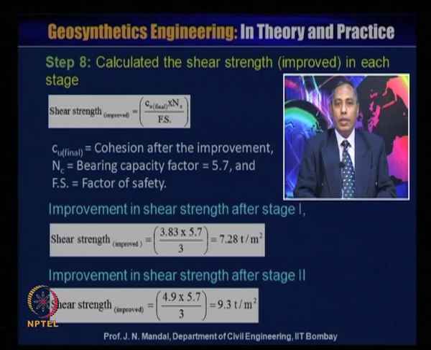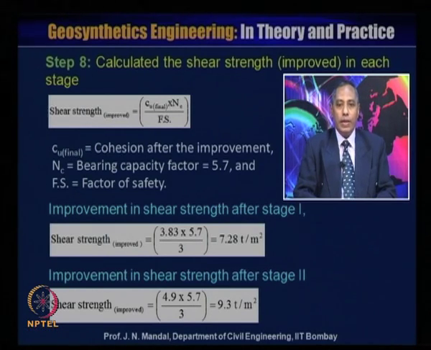Calculate the shear strength improvement in each stage. Shear strength improve is equal to Cu final into Nc by Fs. Here Cu final is the cohesion after the improvement, Nc is the bearing capacity factor equal to 5.7, and Fs is the factor of safety.